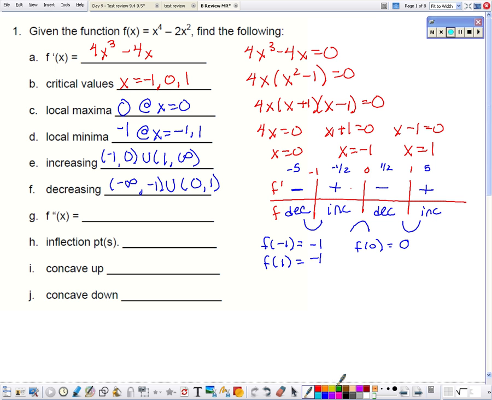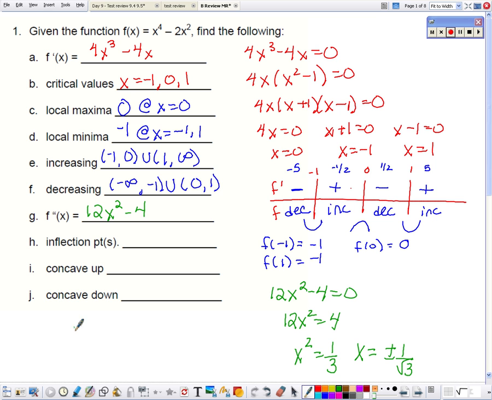So now for the second derivative, I'm going to take the derivative of the first derivative. To find my other key values here, I'm going to set the second derivative equal to 0 and solve. So x is plus or minus 1 over root 3.